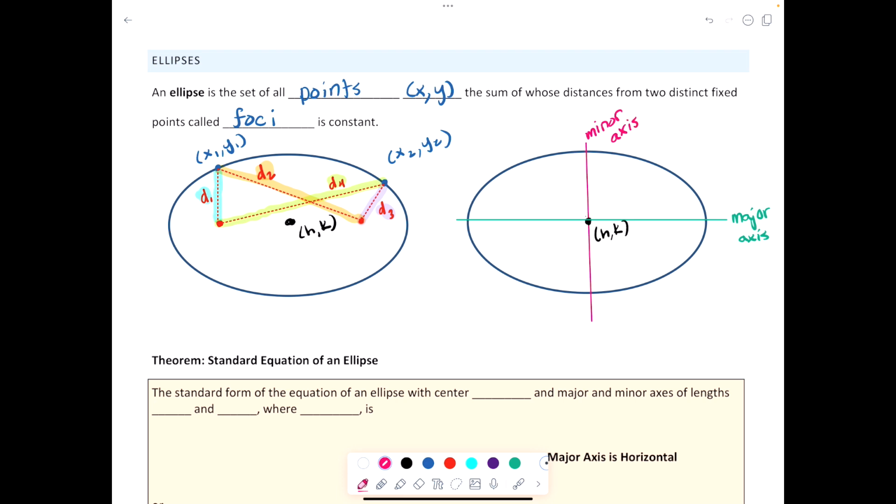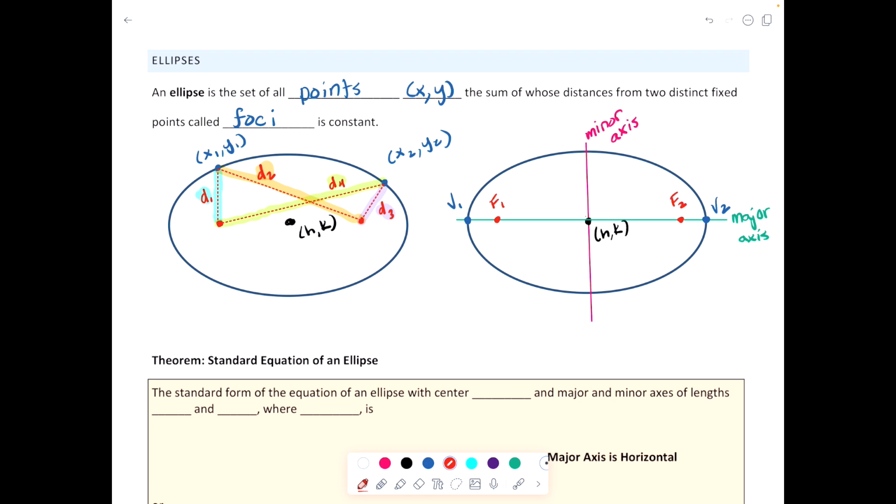Now the vertices are way out on the edge, so that would be vertex 1 and vertex 2. They're in line with your center, as well as the foci, where this is focus 1 and this is focus 2.